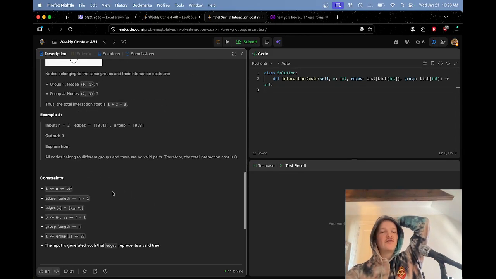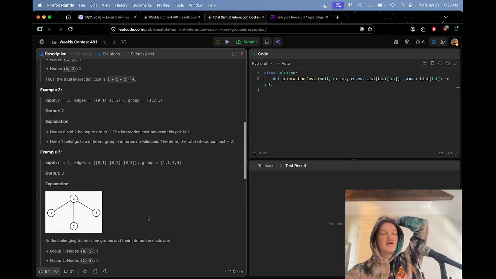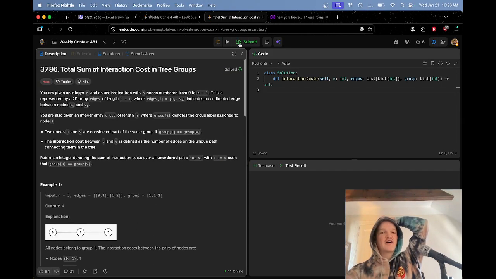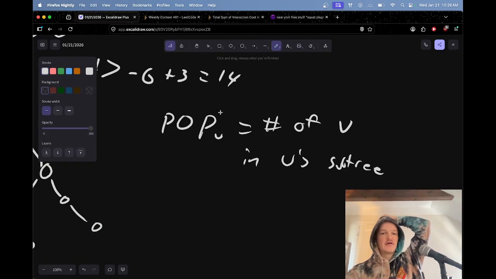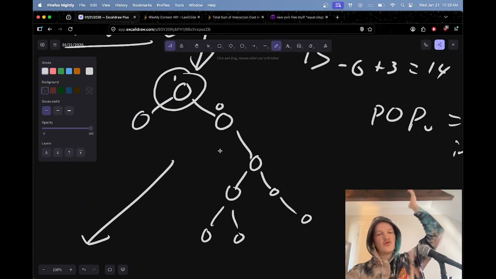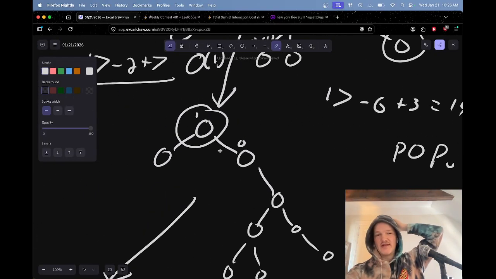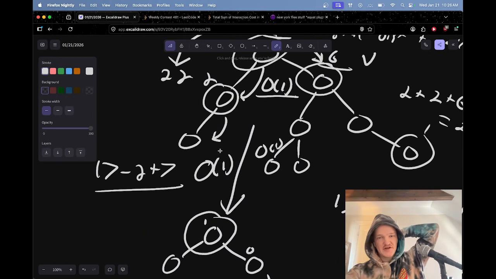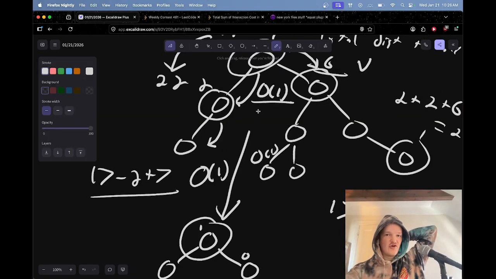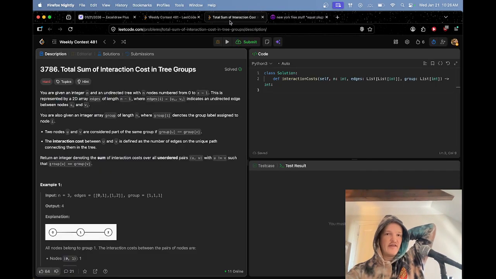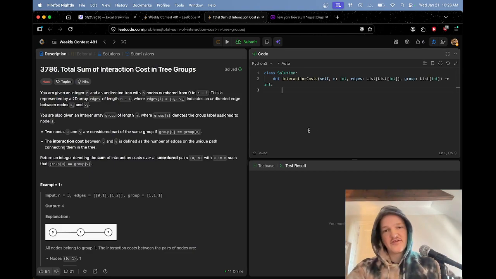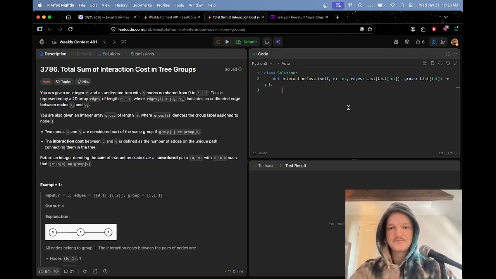We can immediately scroll down to the constraints and see the groups only go up to 20, so 10 to the 5th times 20 should be completely fine. So we can just keep track of this distance metric, but for all 20 groups. It's a slightly more complicated problem, but if you have this in your pocket, then it's not inconceivable to extrapolate it. So I'll just code it out quickly.